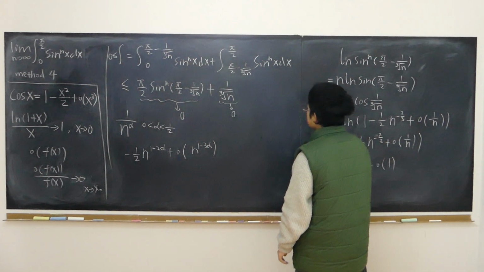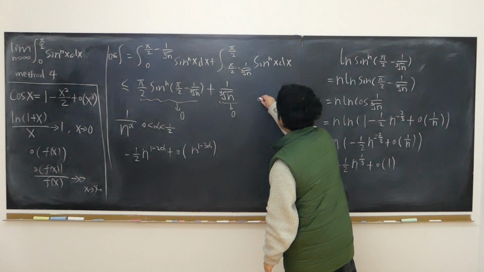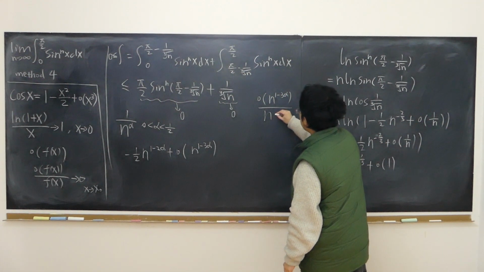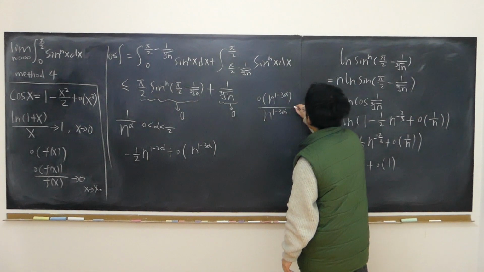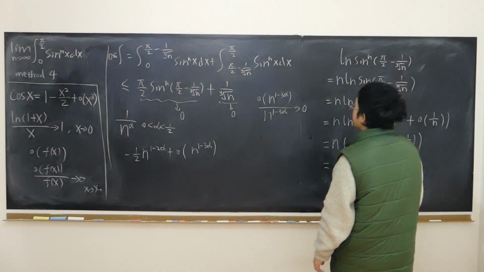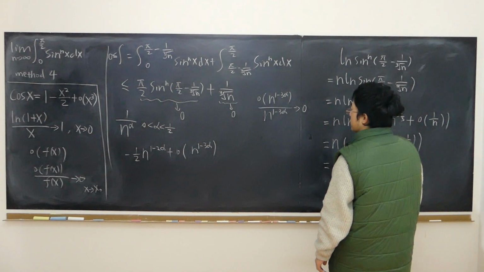Now, the little o of n to the power of 1 minus 3 alpha, divided by n to the power of 1 minus 3 alpha, approaches 0 as n approaches infinity.